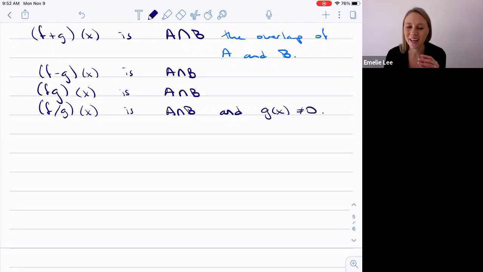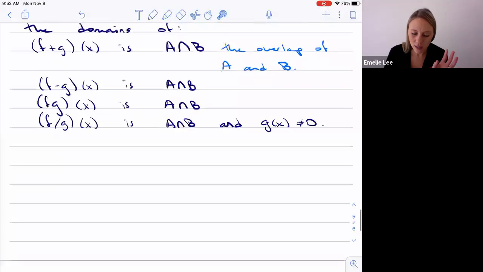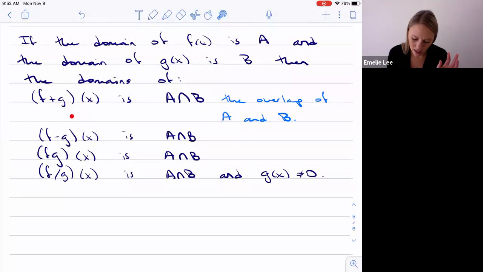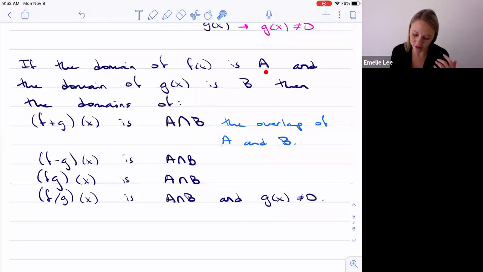So we have that added condition that g of x can't be equal to 0 on top of the overlap of A and B. So notice when we're doing these combinations, it's helpful if you're able to find the domain of f of x and the domain of g of x, and then find A and B, because that's going to be the domain for all of these, with an extension on the f over g of x, which is that g of x can't be equal to 0.